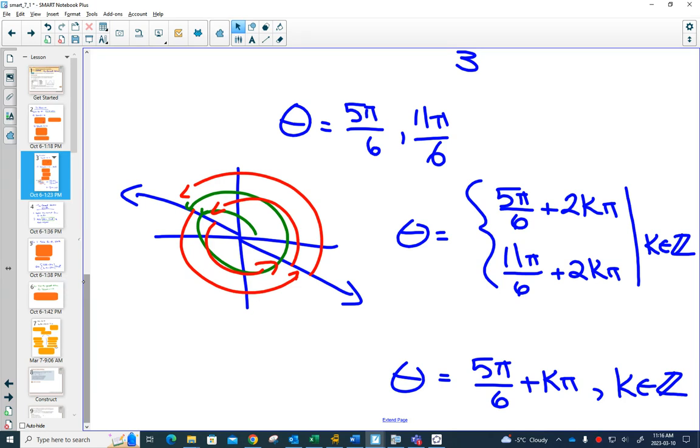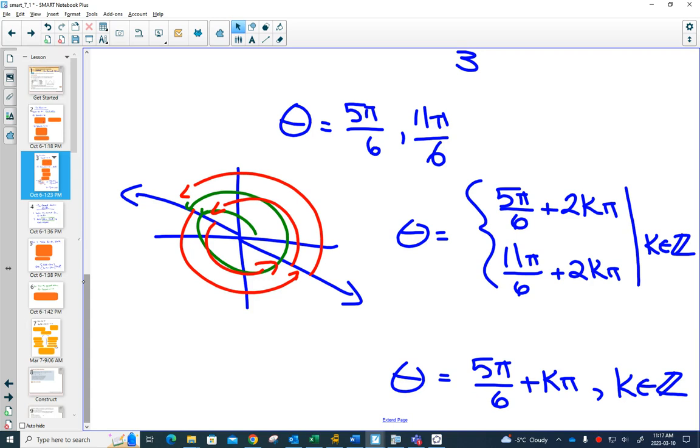And jumping by pi would get me all of those answers over and over again. So this means the same as this. Sometimes in a multiple choice question, they give the more elegant answers, so you do need to be able to recognize that and understand why they're the same. But in a long answer question, you could write it this way or this way.